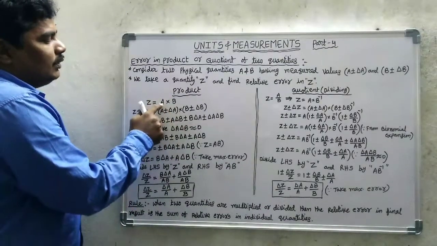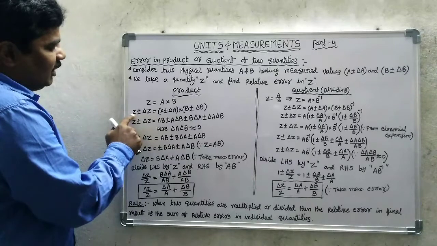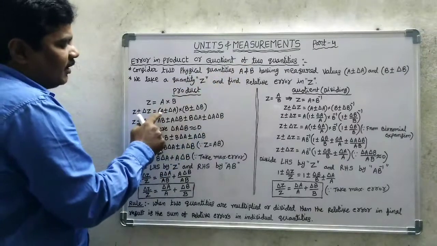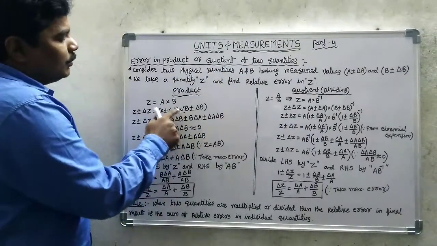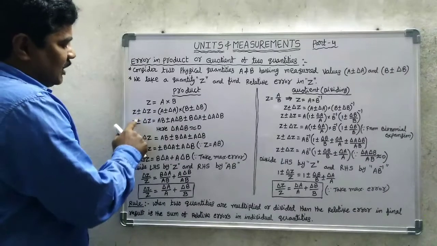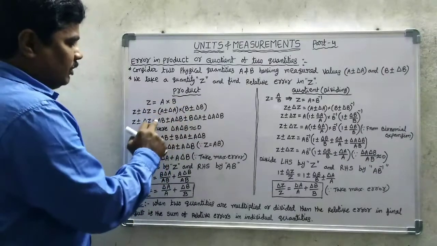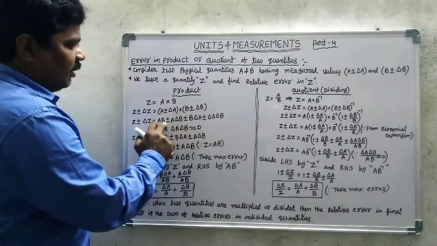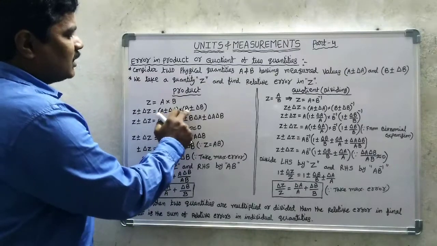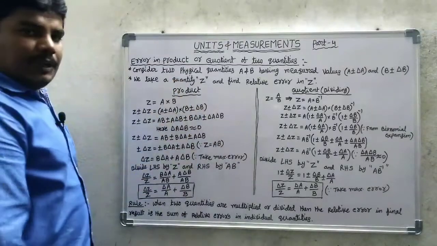So Z is equal to A into B. So the measured value in Z is represented by Z plus or minus delta Z, which is equal to the measured value of A plus or minus delta A into the measured value of B plus or minus delta B. Now Z plus or minus delta Z is equal to, we multiply these two measurements, A into B, AB plus or minus A into delta B plus or minus B into delta A plus or minus delta A delta B.